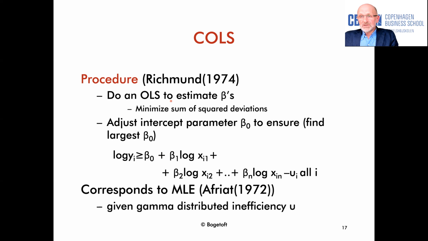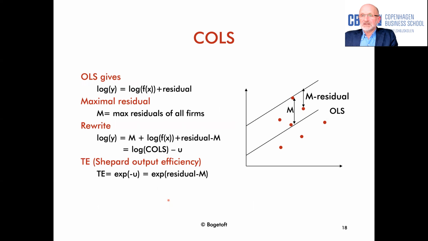This simple approach of taking an OLS and pushing it to the frontier so that all points are just below it, with one point on the line, on the hyperplane, corresponds to having gamma distributed inefficiencies and doing maximum likelihood estimation in that model. Technically, it's very simple.